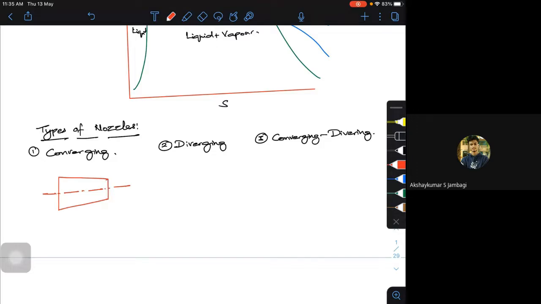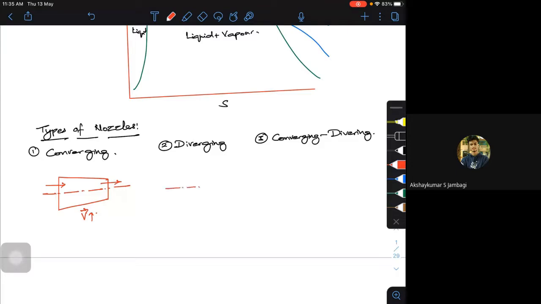The fluid is entering at higher cross section area and it exits at lower cross section. But here also the fluid is getting accelerated. So don't confuse the diverging nozzle with a diffuser. Even in a diverging nozzle, it is designed in such a way that the fluid is getting accelerated. Okay, this is my diverging nozzle.